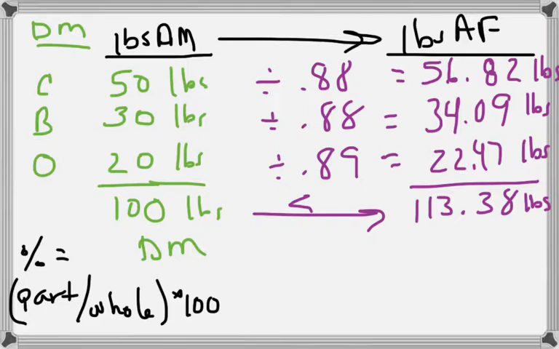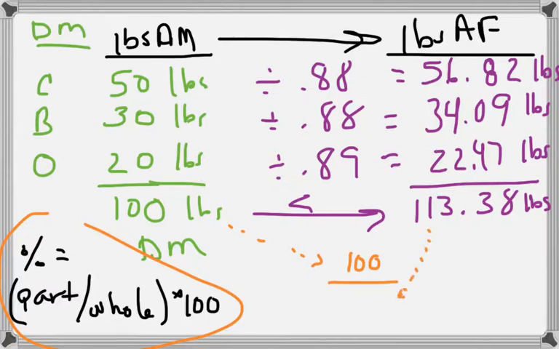So now to figure out the percent dry matter, we're going to use this formula that we looked at over here. We're going to take the part, which is 100, okay, so come in from right there, divided by the whole, which is 113.38, all of this times 100.